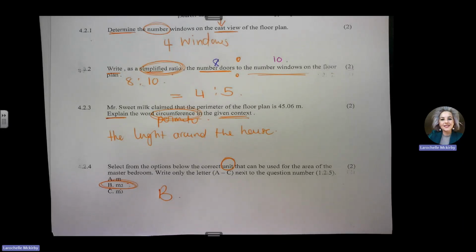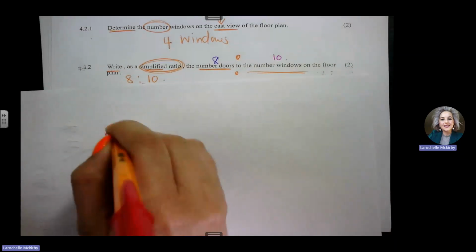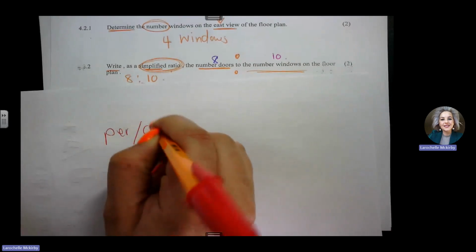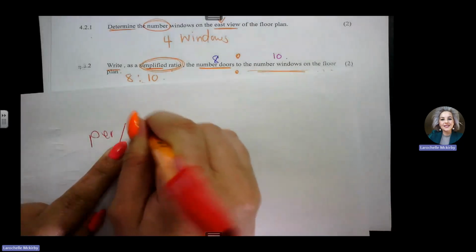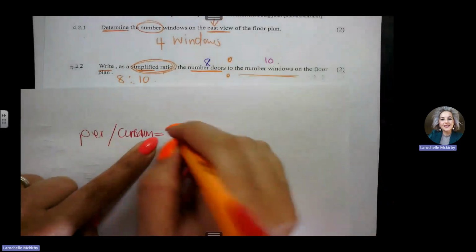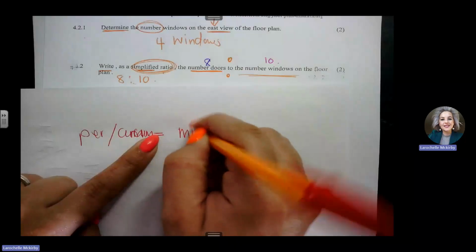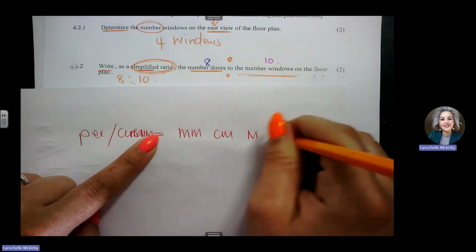Just a quick tip for you. Let's quickly have a look here. When we need to calculate the perimeter or the circumference, my answer always comes out in millimeters, centimeters, meters, and kilometers.